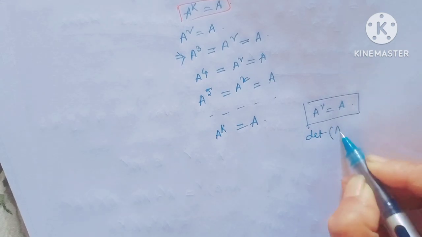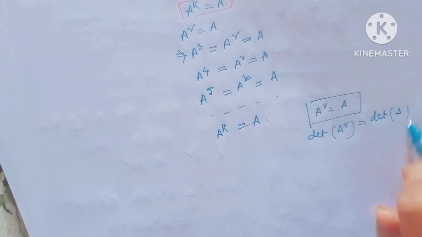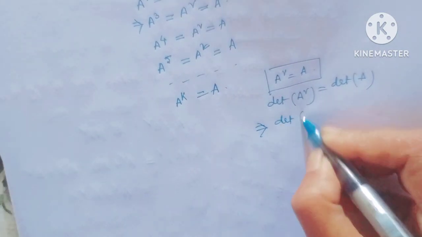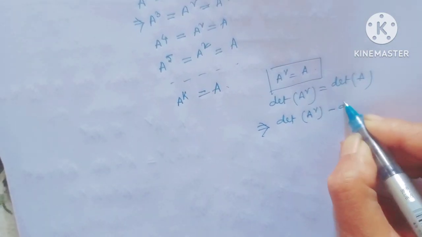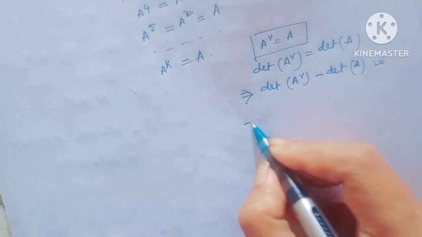Apply determinant on both sides: determinant of A square equals determinant of A. Then this implies determinant of A square minus determinant of A equals 0.